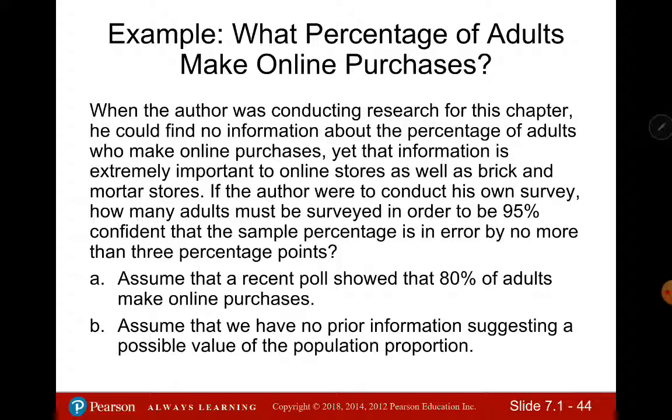We need to find how many adults must be surveyed. So that means we need to find the minimum sample size. At least how many adults should be surveyed to estimate the confidence interval.